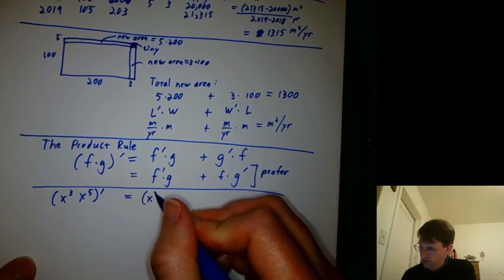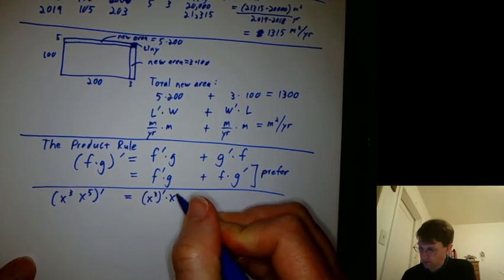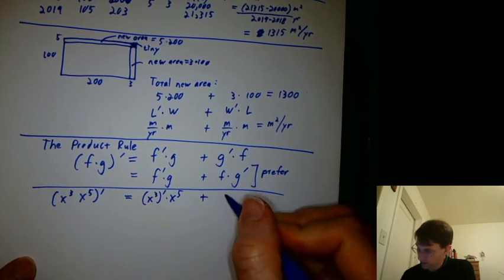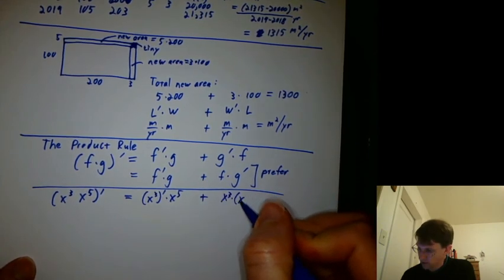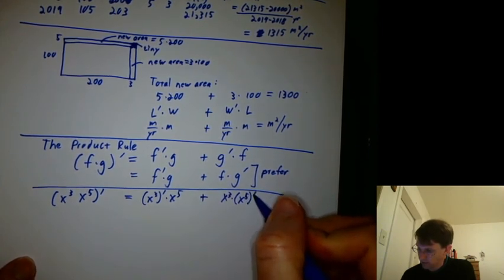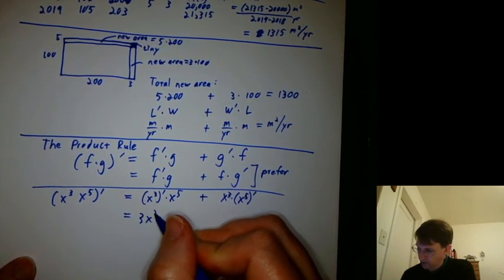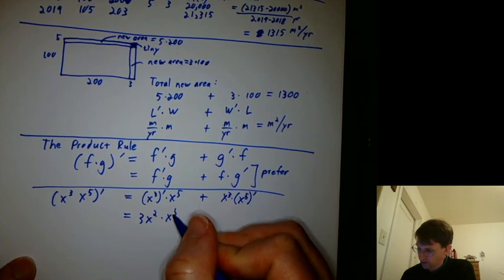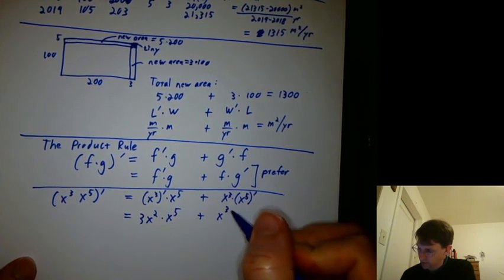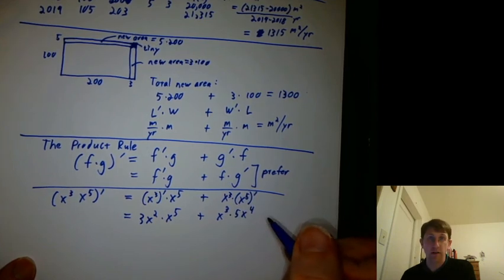So this would be x cubed prime times x to the 5th plus x cubed times x to the 5th prime. x cubed prime is 3x squared times x to the 5th. x cubed, we copy, x to the 5th prime is 5x to the 4th.